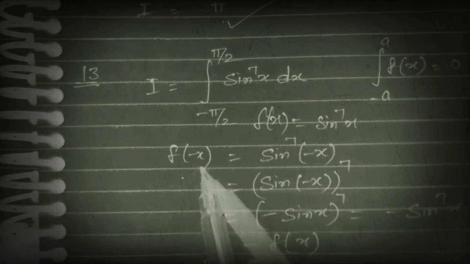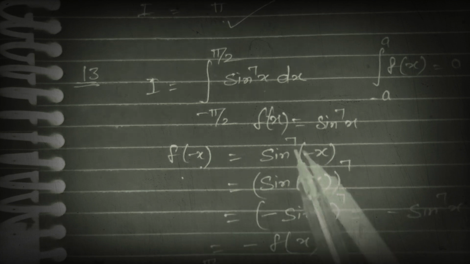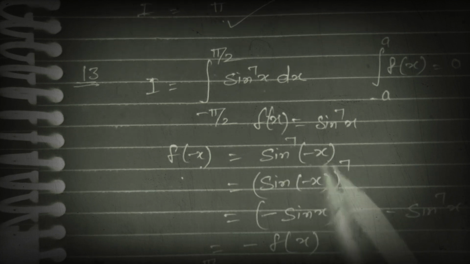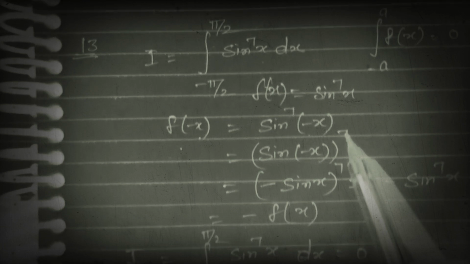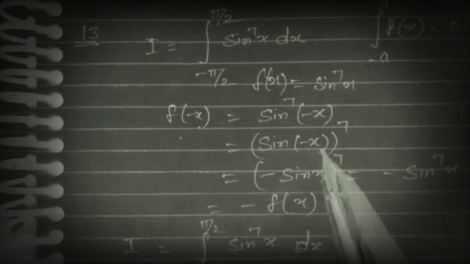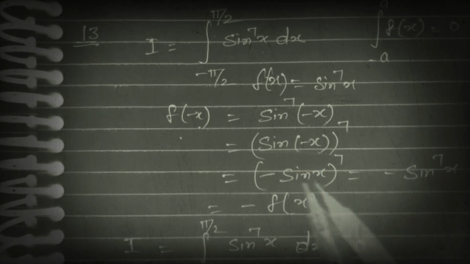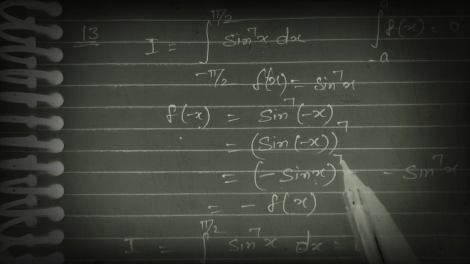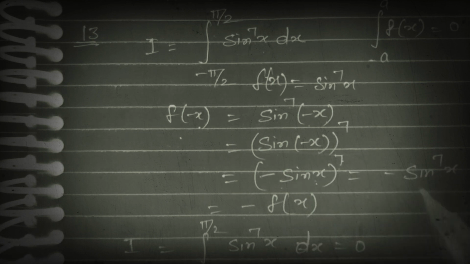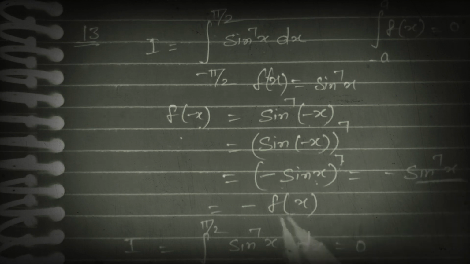We will find f of minus x. f of minus x will be sin raised to power 7 of minus x. It is sin of minus x whole raised to power 7. Sin of minus theta is minus sin theta. So it is minus sin x raised to power 7. 7 is odd, so it is minus. So this is f of x, so minus f of x.